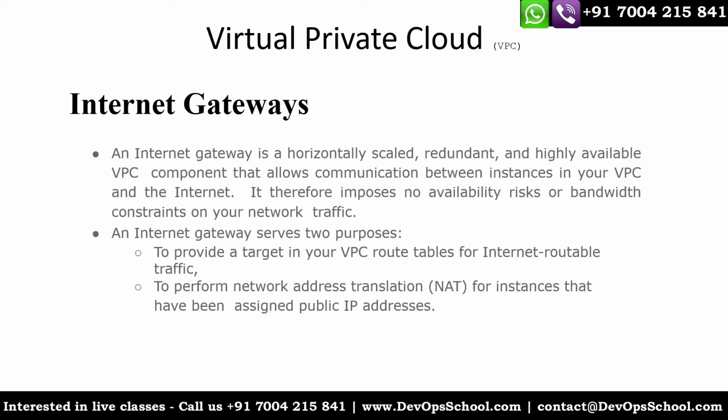An internet gateway serves two purposes: to provide a target in your VPC route tables for internet-routable traffic, and to perform network address translation, NAT, for instances that have been assigned public IP addresses.